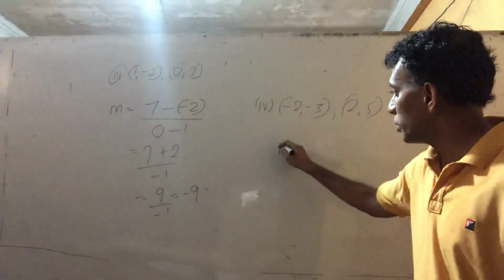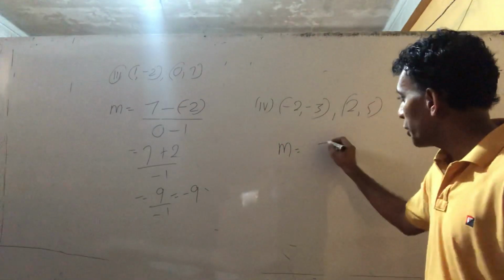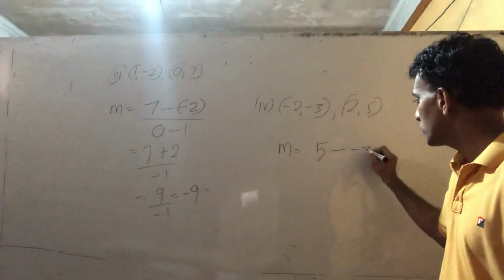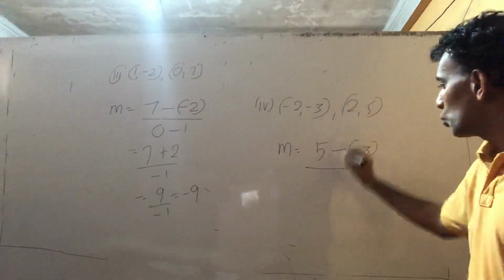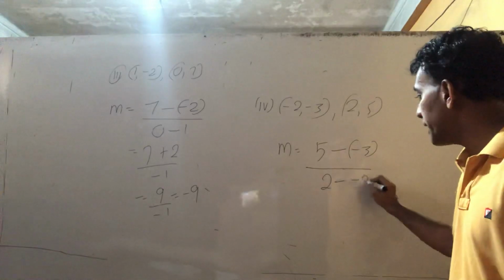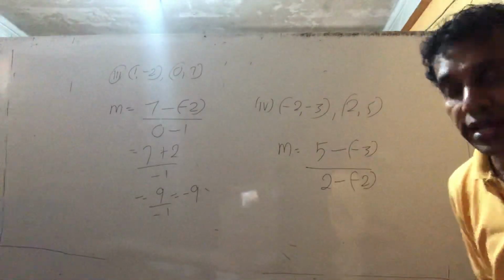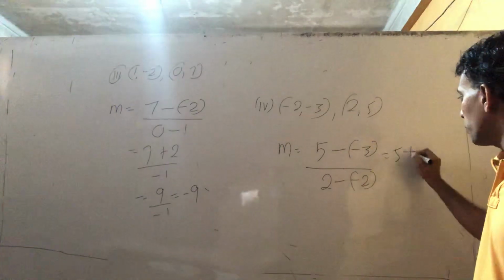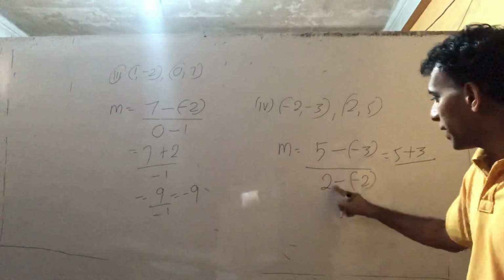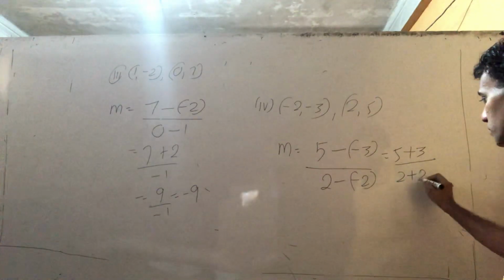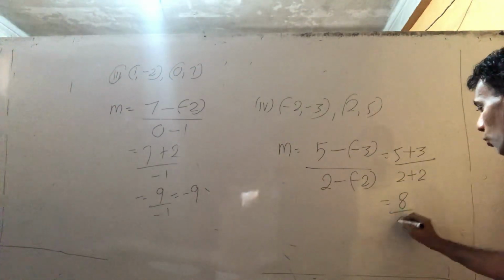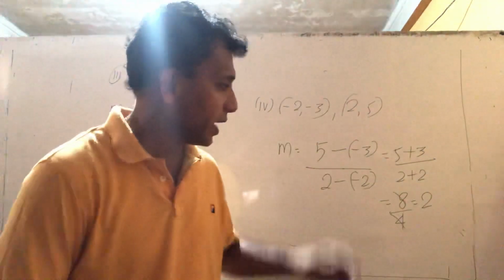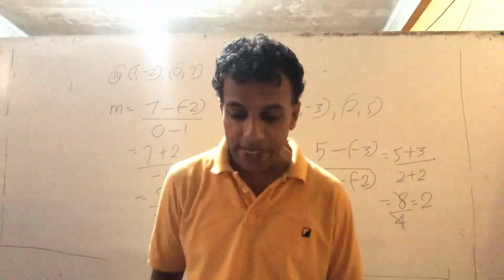So m equals 5 subtract minus 3, over 2 subtract minus 2. Now simplify. You know minus minus is plus: 5 plus 3, over 2 plus 2. 8 over 4, that is 2. That also simplifies if proper values come. 8 divided by 4 is 2. The gradient is therefore 2.